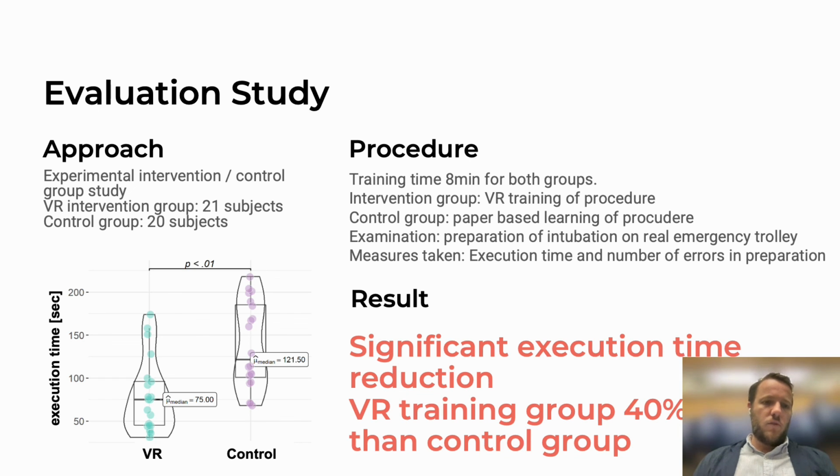It took them 75 seconds to prepare the intubation, whereas the median execution time of the control group was 121.5 seconds. So overall, the extended reality intervention group reduced the execution time by 36.5 seconds. They were 40% quicker than the control group, which is a great result.